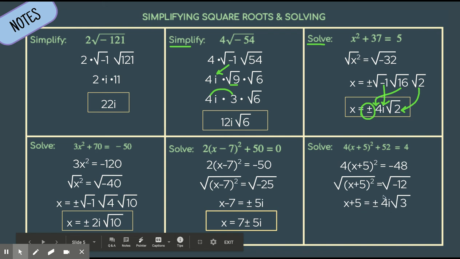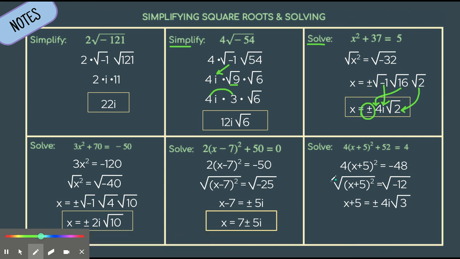Now, I skipped a couple of steps over here, so I'm going to write them in, but basically I just said, okay, that negative means that there's going to be an i. 12 is 4 times 3, which means this should actually be a 2i square roots of 3.